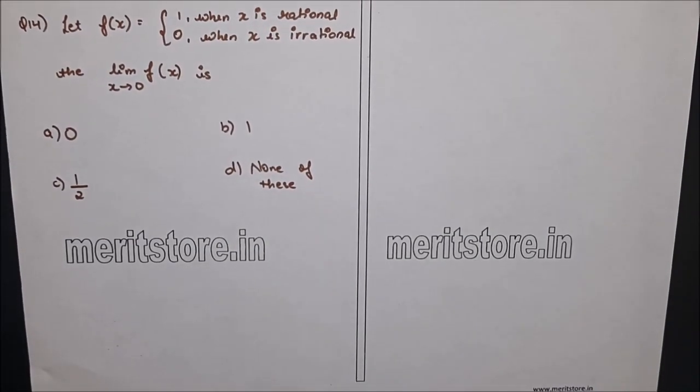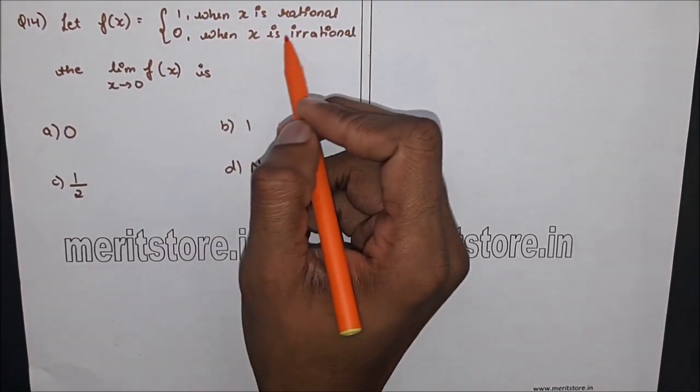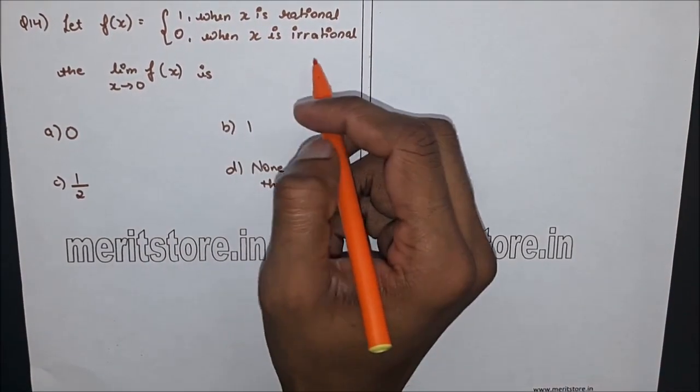Question 14. Let f(x) equal 1 when x is rational, and 0 when x is irrational. The limit as x approaches 0 of f(x) is, we are given four options. So given that f(x) is 1 when x is rational, 0 when x is irrational.